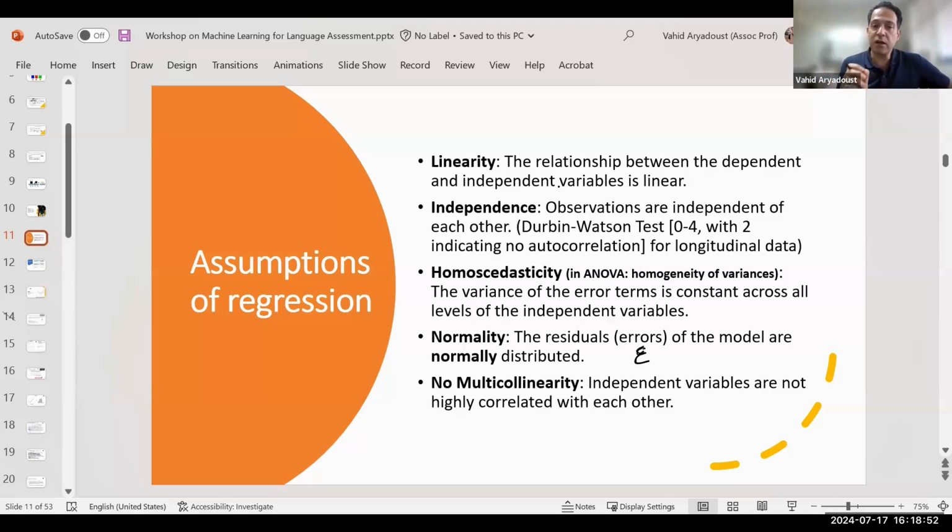Now, I do not deny that if your raw data is not normally distributed, that can somehow affect your regression model. Sure, it can happen. But that is not as big a concern as the lack of normality of your error. And finally, multicollinearity. In fact, lack of multicollinearity is an assumption of regression. Multicollinearity is defined as follows. Independent variables are not highly correlated with each other.